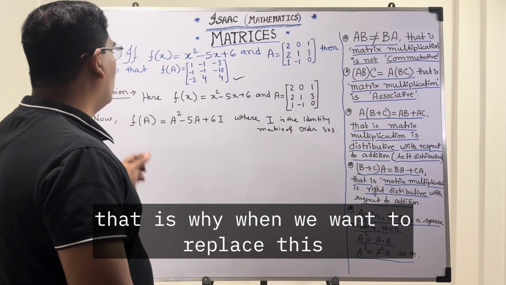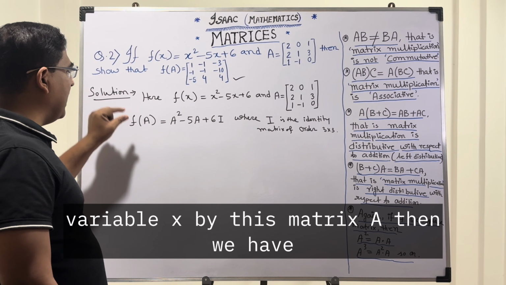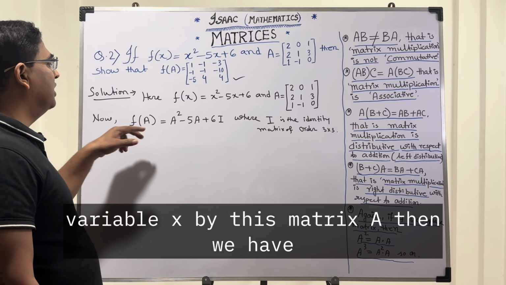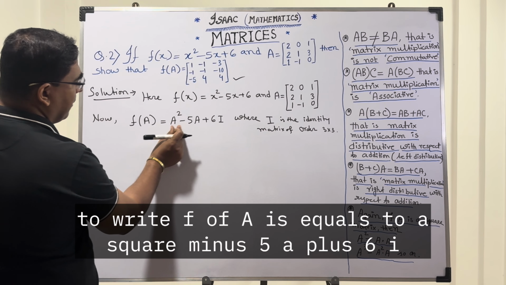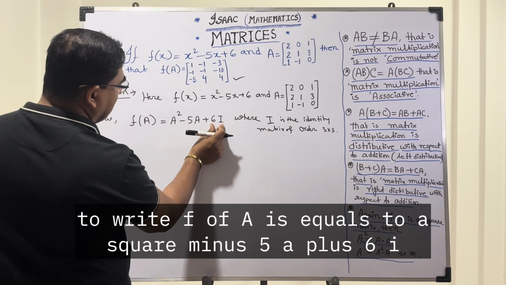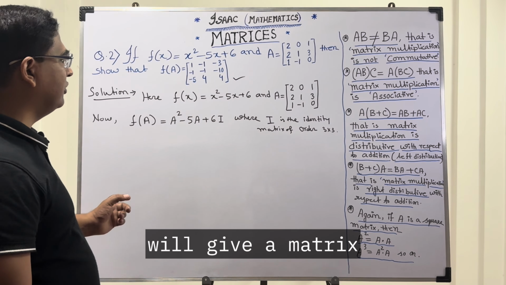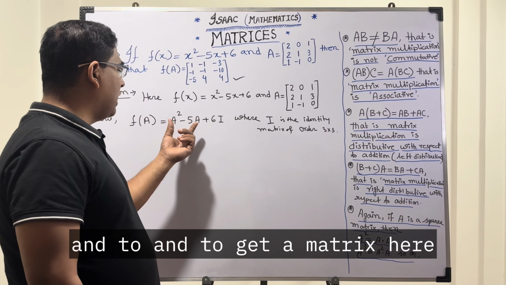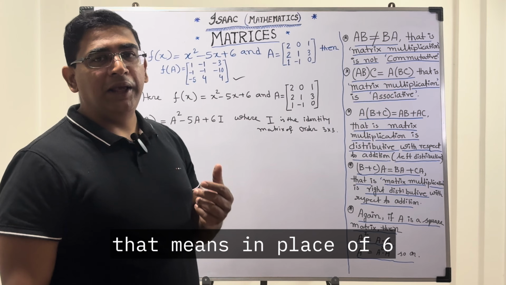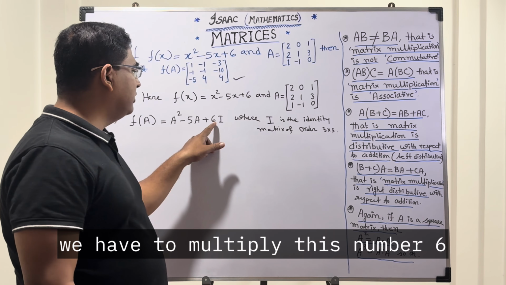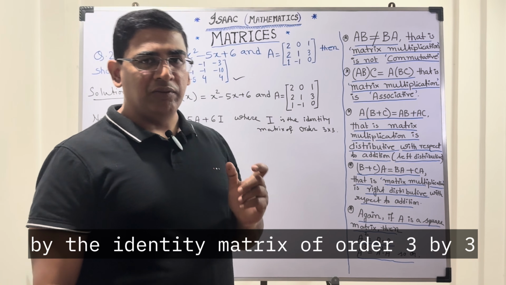That is why when we want to replace this variable x by this matrix A, then we have to write f of A is equal to A square minus 5A plus 6I, because these terms will give a matrix, and to get a matrix here, that means in place of 6 we have to multiply this number 6 by the identity matrix of order 3 by 3.